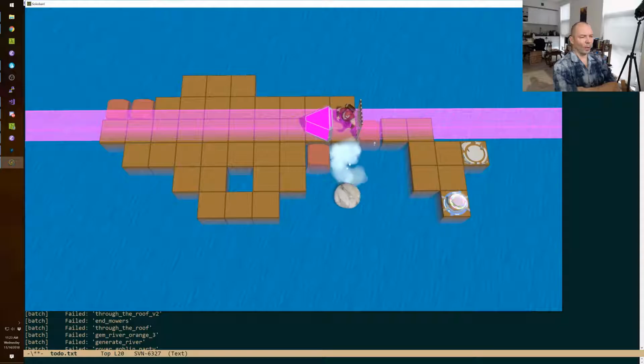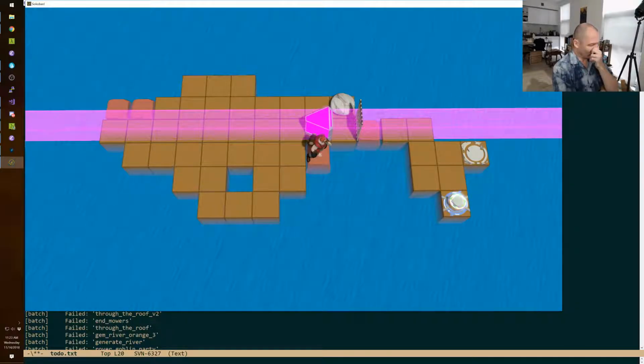Yeah, that's another race. Race coming out differently. Like that simpler level, the one that we saw failing early in the stream.